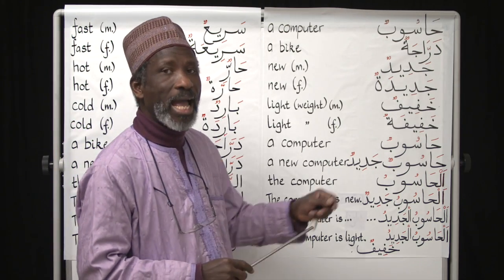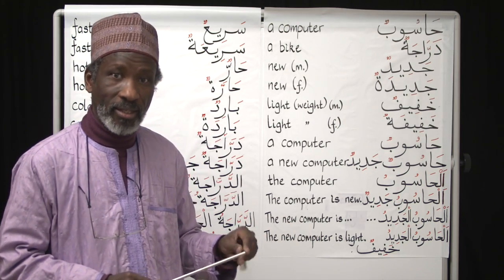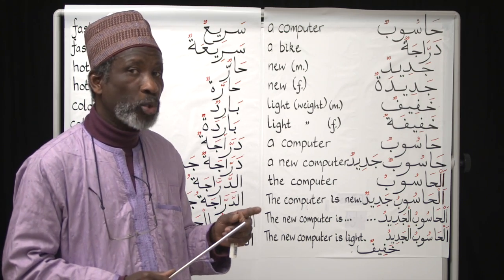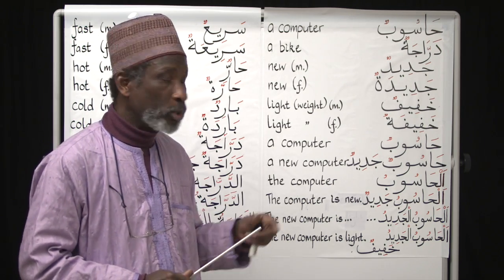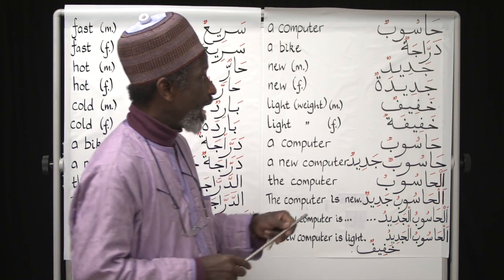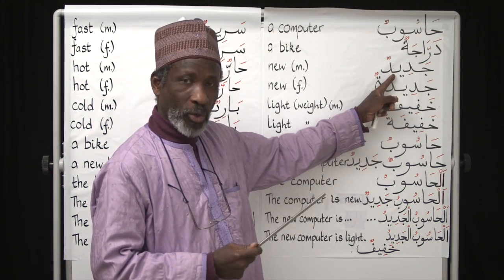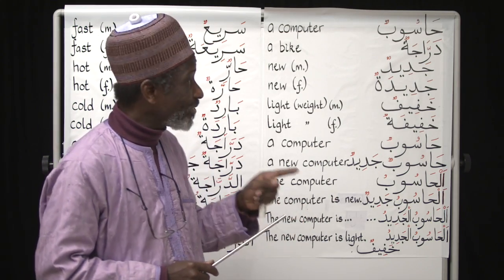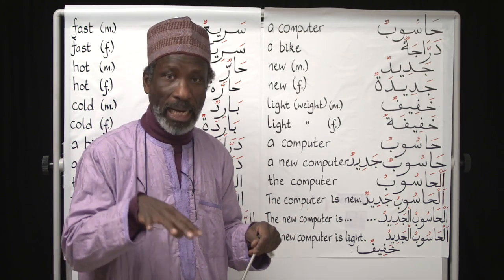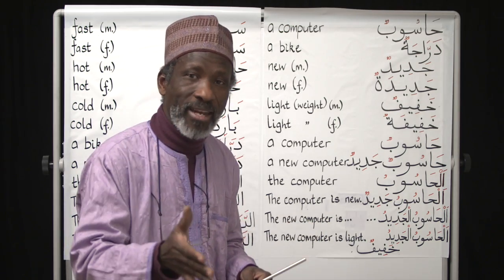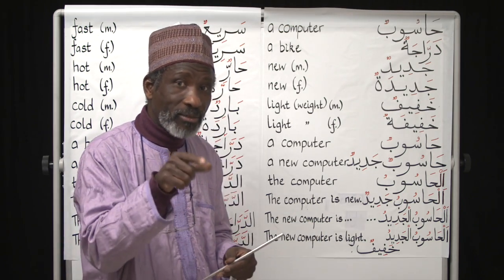For instance, they will say hasub rather than hasubun. But if it is ta marbuta, you hear daraja, and jadid, like a sukun, jadida. But as a learner, and in my class, I'm afraid, I want you to pronounce all the endings, because a lot is riding on this.